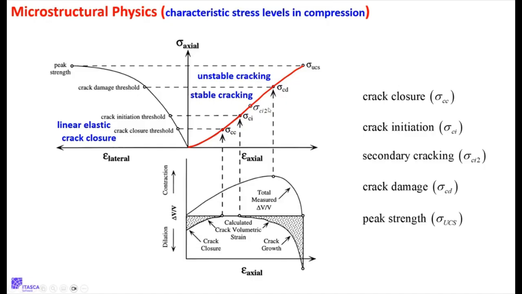Also, if you're building a structure like an excavation, you're going to typically design it such that the load it ever gets is well below the UCS. So typically when you design things, you make sure the stress never gets above crack initiation. That's good, because then it's pretty much still elastic and you're happy.